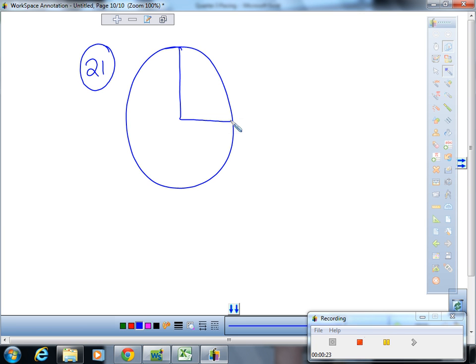Looks like the radius is 3.5, and our angle is pi over 2. The nice thing about writing things in radians, remember a radian is simply the length of a radius traced onto a circle. That's what a radian is. It's one radius long.